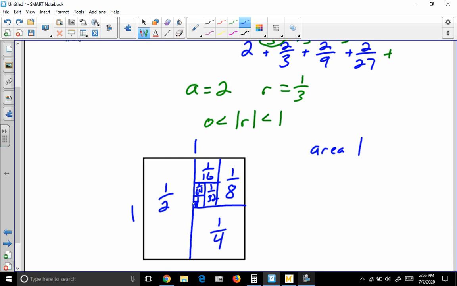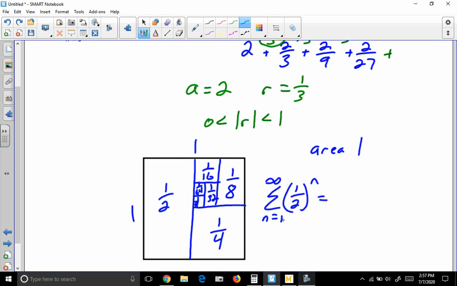So we're adding more and more each time, but what is that total area going to be when we add all of those rectangles together? That total area is going to be 1. So that is a series where we're taking 1/2 to the n power, and we're adding those up.